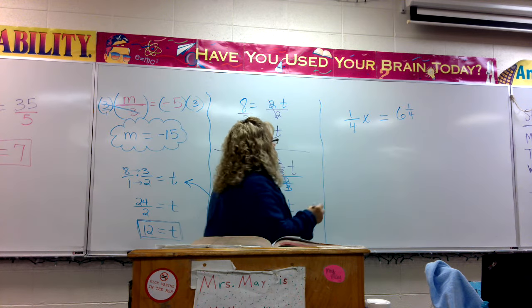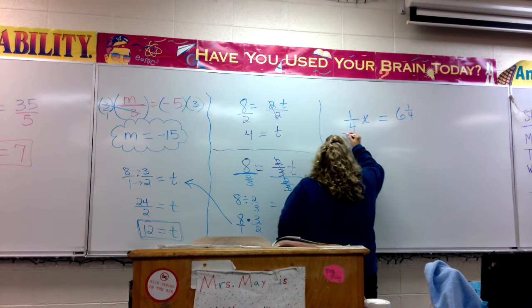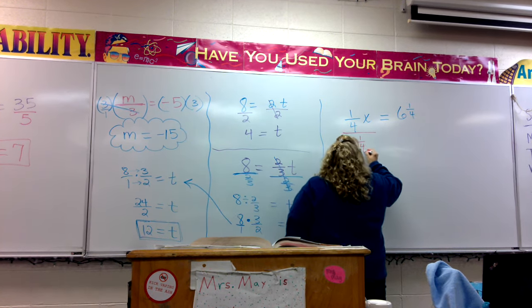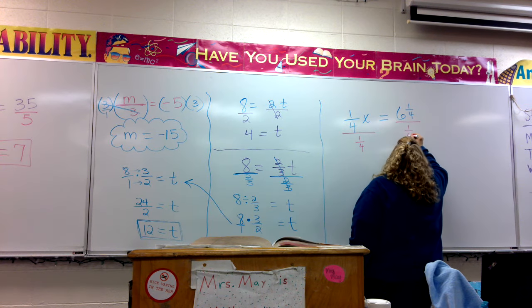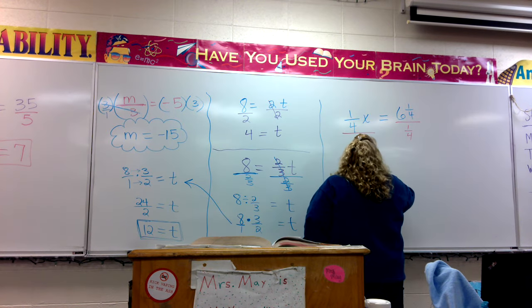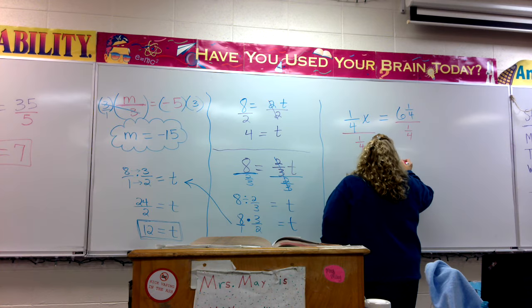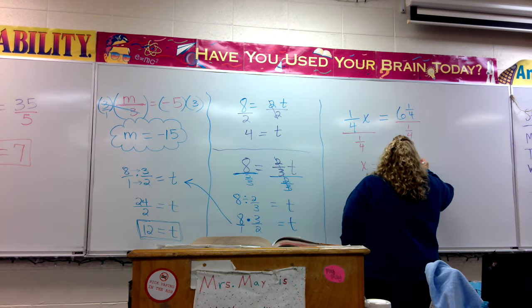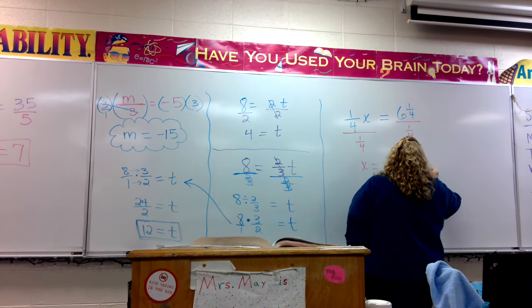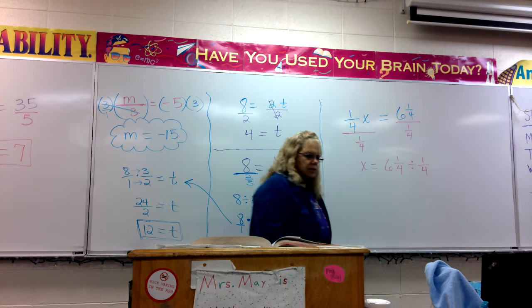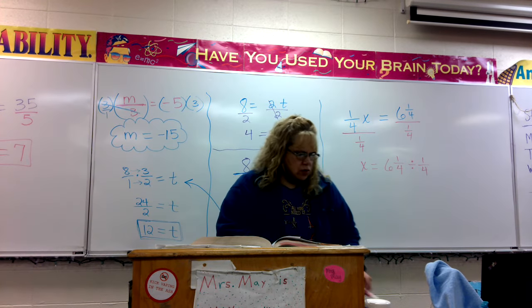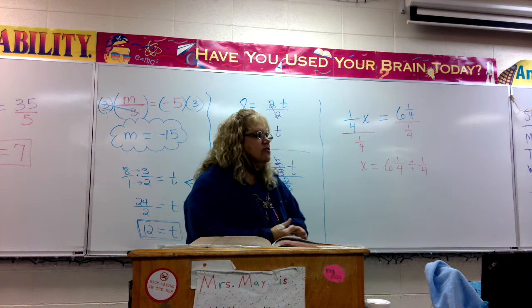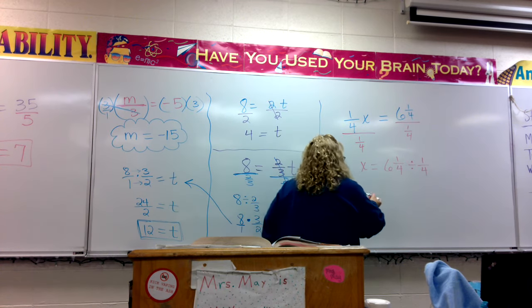So what are we going to do? Divide by 1/4. Divide by 1/4. So I have x equals 6 1/4 divided by 1/4. Tell me what to do. 6 1/4 divided by 1/4.